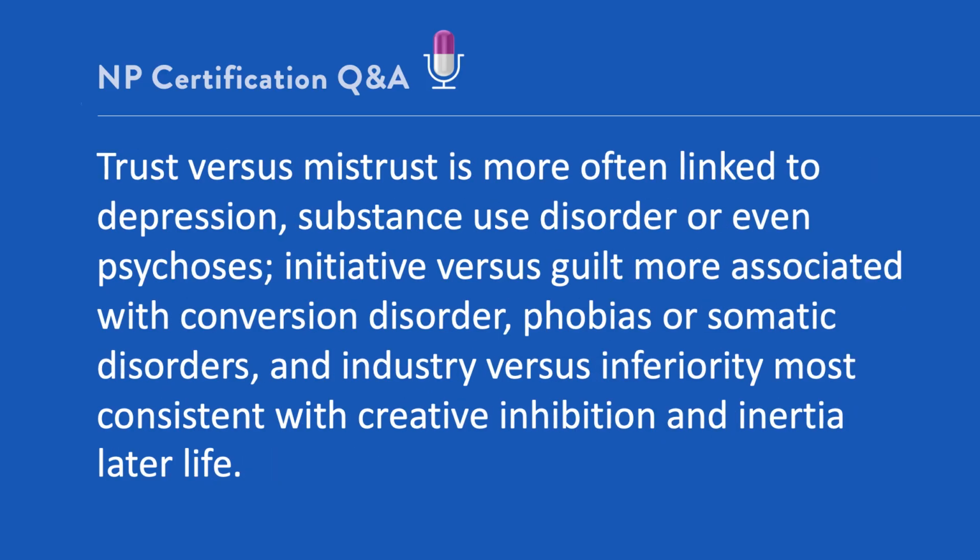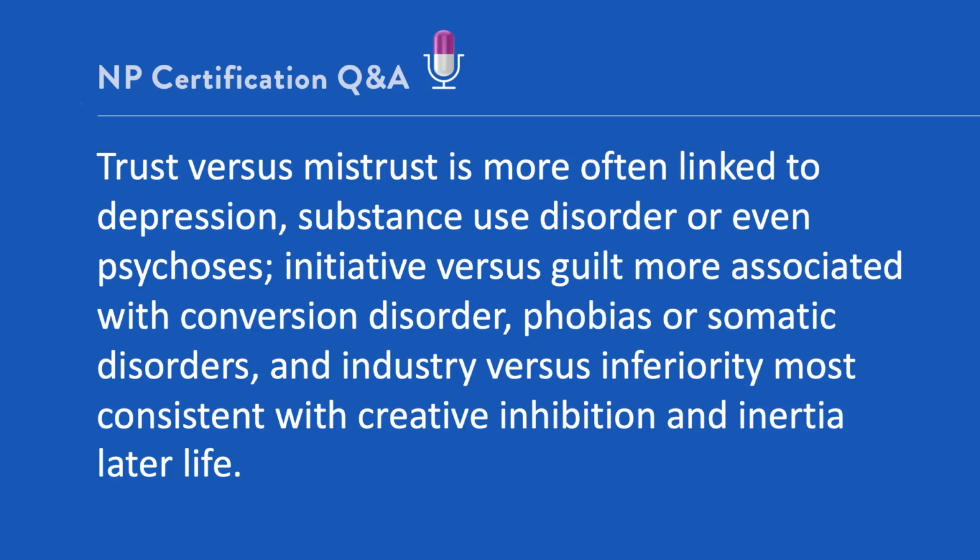Conversely, trust versus mistrust. This is the stage of infancy, the first year of life. Trust versus mistrust is more often linked to depression, substance use disorder, or even psychosis later in the lifespan. Initiative versus guilt. This is the stage of the preschooler, age 3 to 6.